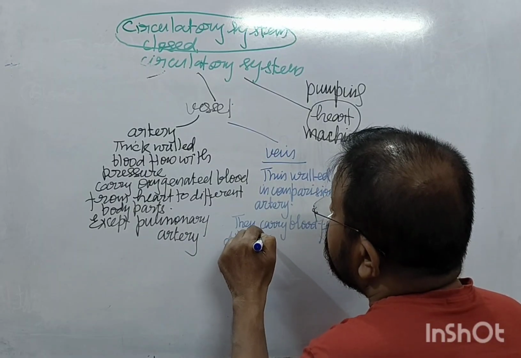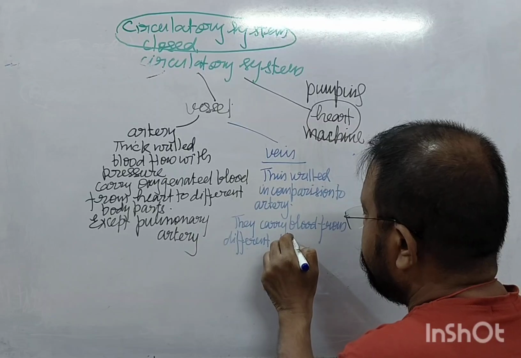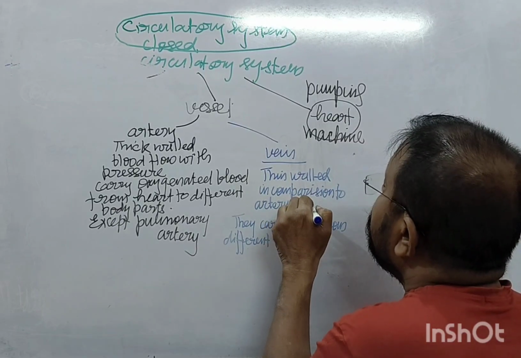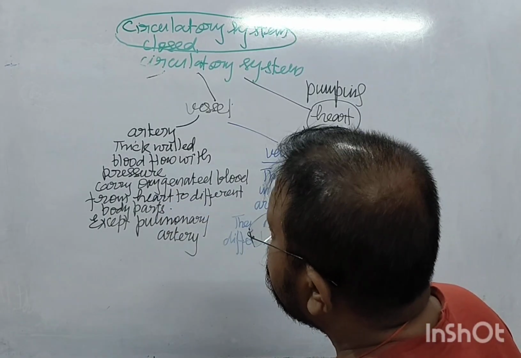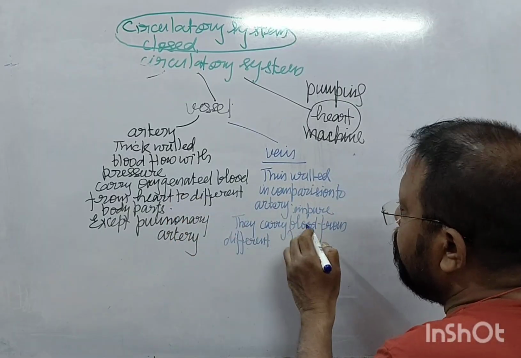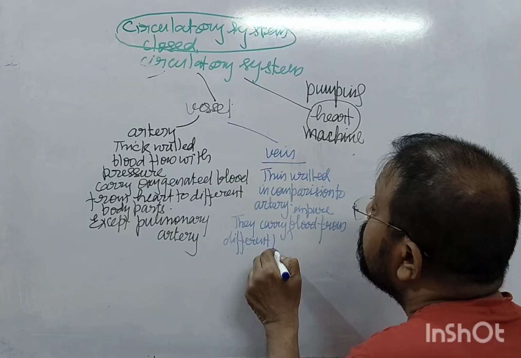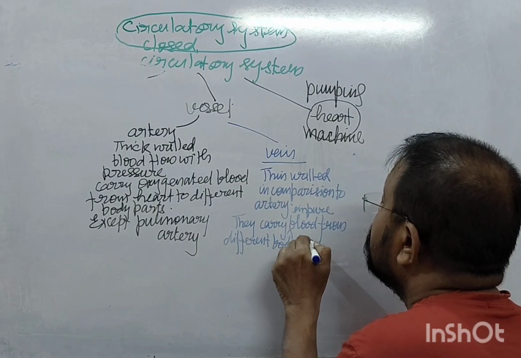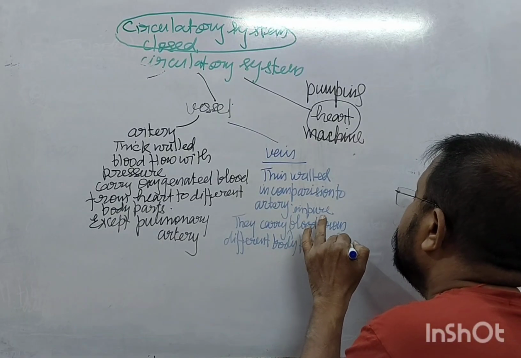They carry impure blood, that is, deoxygenated blood, from different body parts to the heart. Here it says oxygen, but impure means deoxygenated blood.